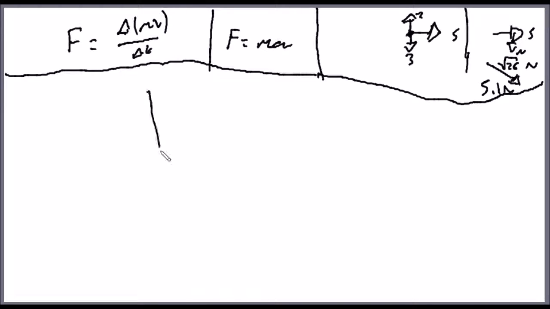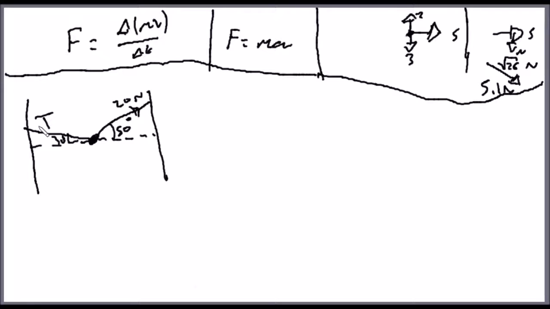As my maths teacher always used to say, and still does, don't be a wretch, draw a sketch. Words to live by. So this one's 50 degrees, and it has a tension of 20 newtons here, and this other one is 30 degrees, with unknown tension here.